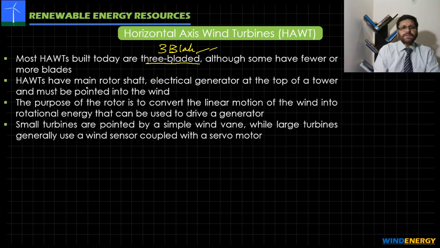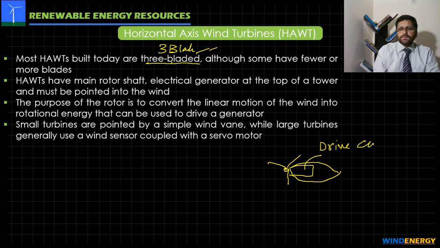Horizontal axis wind turbines have a main rotor shaft and electrical generator. So in this wind turbine, let's say we have a three blade wind turbine, and here you have a drive chain, and this is the gearbox, which is connected with the generator, and this is all.